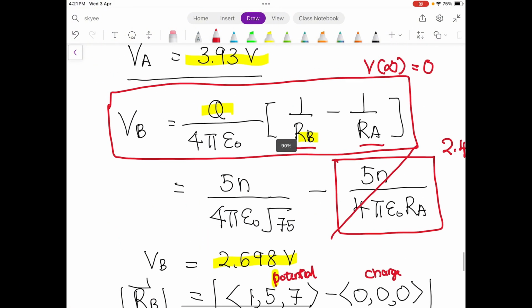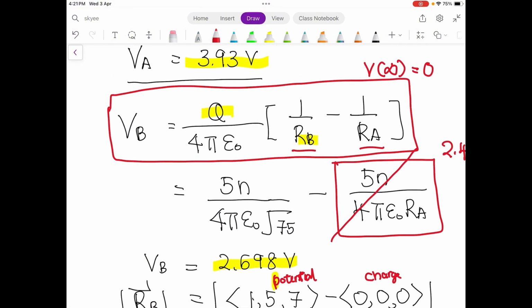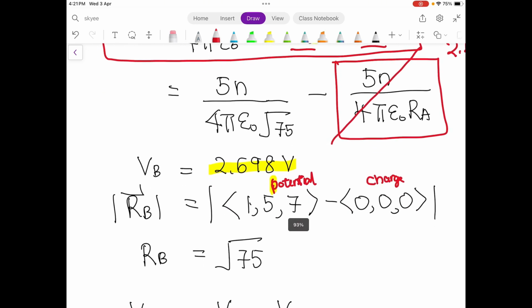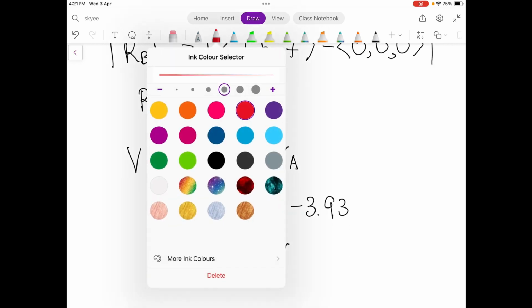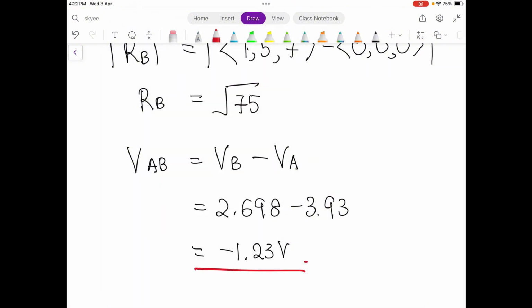So this is how you define things to find the potential at one point. If you have the potentials at two points, and they ask you to find the potential difference across these two points, you just subtract the terms and you get the answer. So this is about the potential difference.